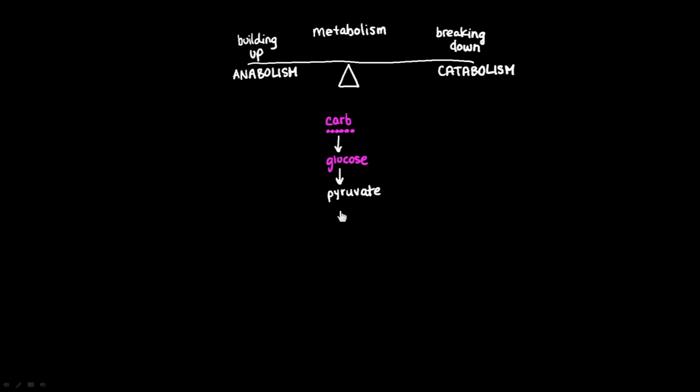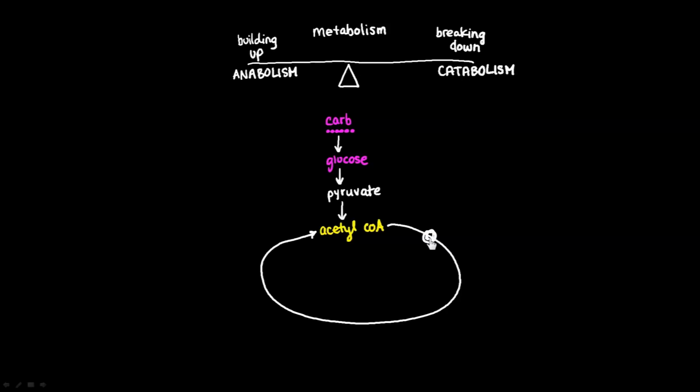And the pyruvate then gets broken down into a very important molecule that's kind of the center of making energy in the body. And that molecule is called acetyl-CoA. Now, I think of acetyl-CoA kind of like one of those little trampolines you see in the gym. And basically, acetyl-CoA can be moved around to different parts.